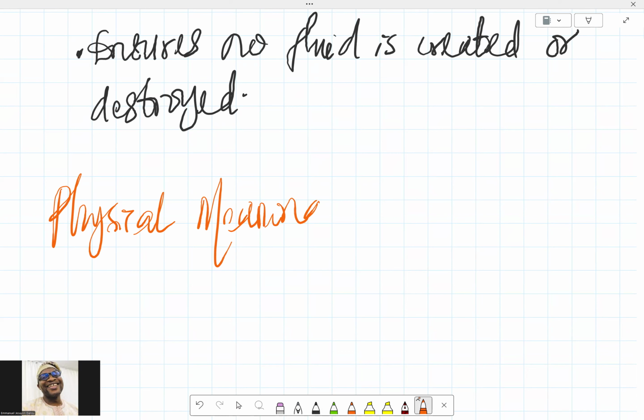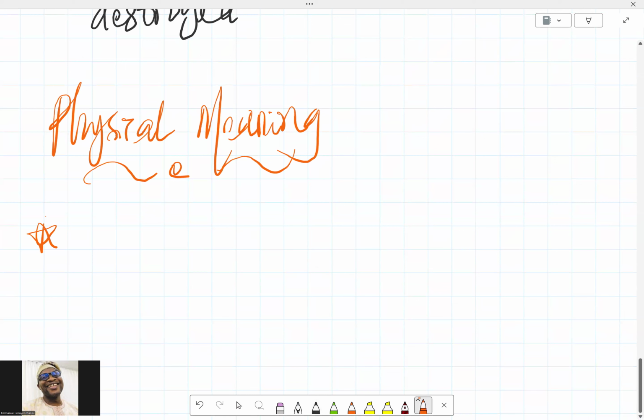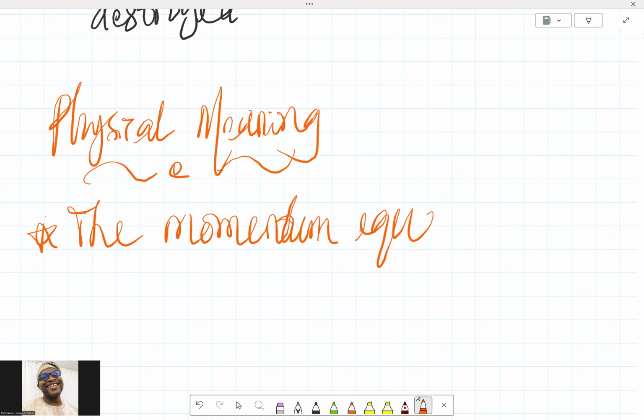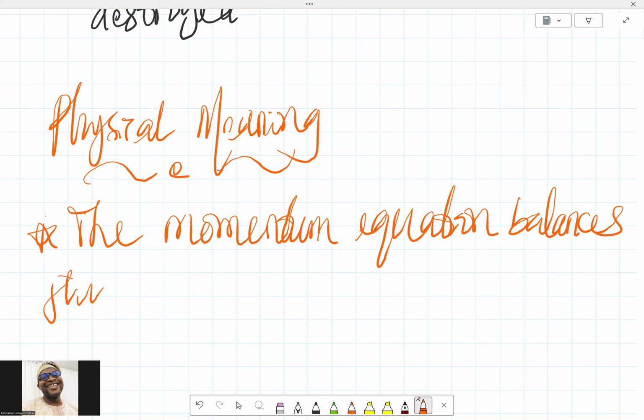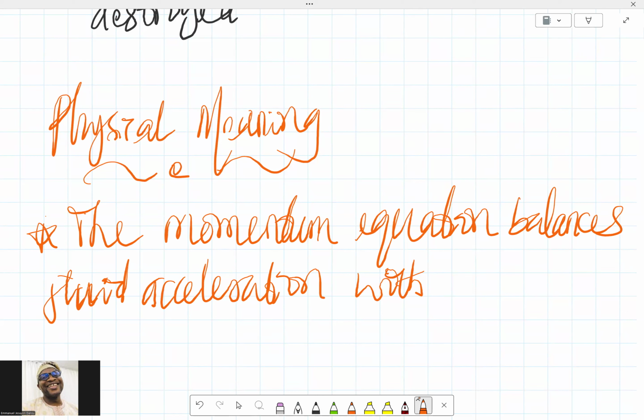First of all, the momentum equation, the first equation, balances fluid acceleration with forces.